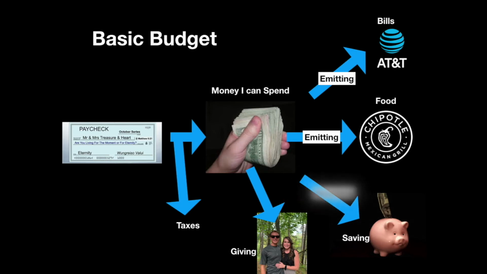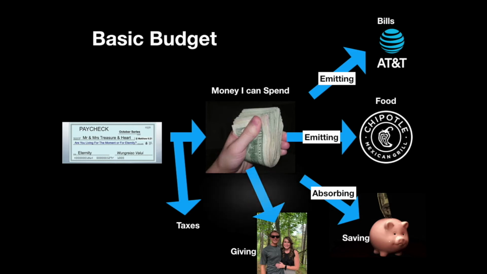I could absorb that energy or that money, and in this case, when I save my money, my bank account goes up, just like when I absorb energy, generally my temperature goes up. Or I can transmit that money, which means I have given some of it away for someone or something else in space to do with that money or energy.